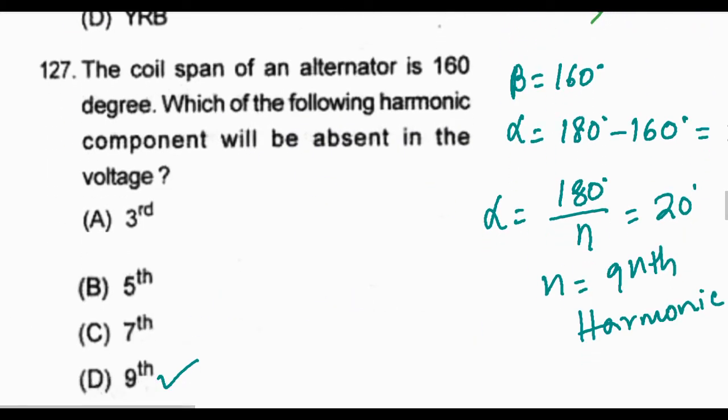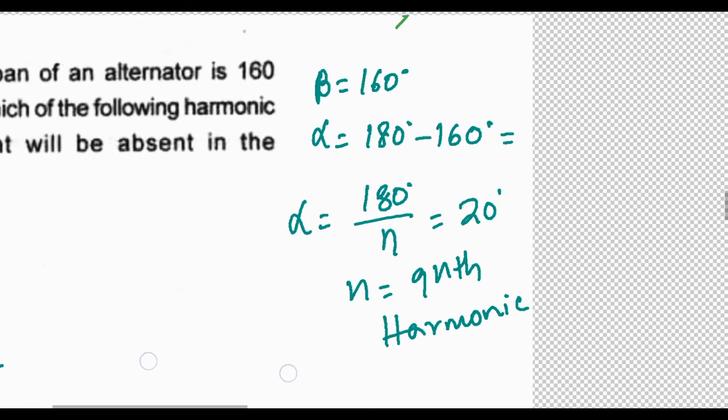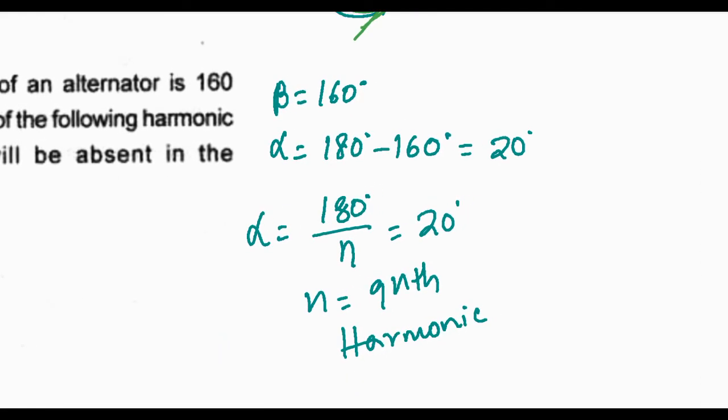Next question is, the coil span of an alternator is 160 degree. Which of the following harmonic components will be absent in the voltage? So here coil span beta is given to be 160 degree, so alpha will be 180 minus 160, that is 20 degree, and alpha is equal to 180 by n, where n is the harmonic order. So 20 is equal to 180 by n, and n will be the ninth harmonic.